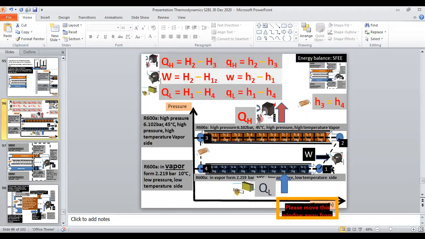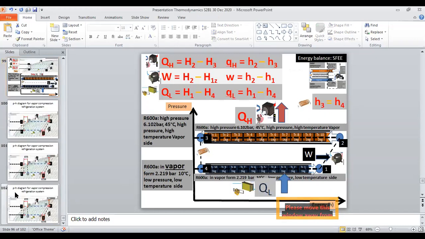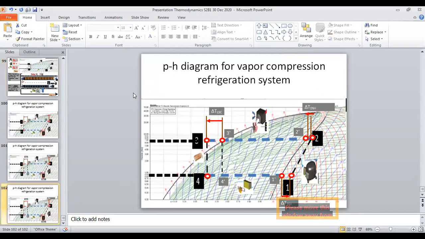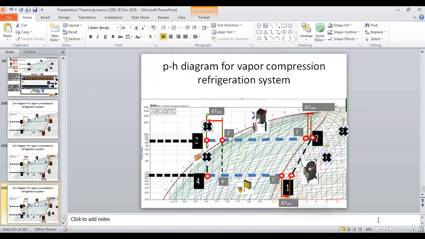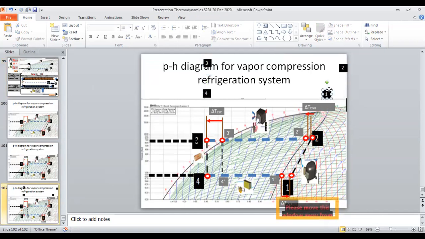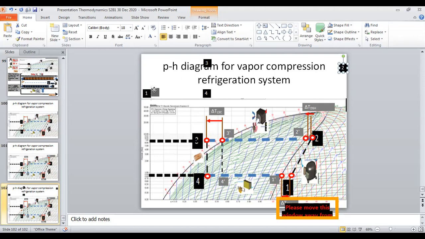If you take the points 1, 2, 3, 4, let me try my best to squeeze all here. So here you're flashing, knowledge, understanding, transport, all very important.